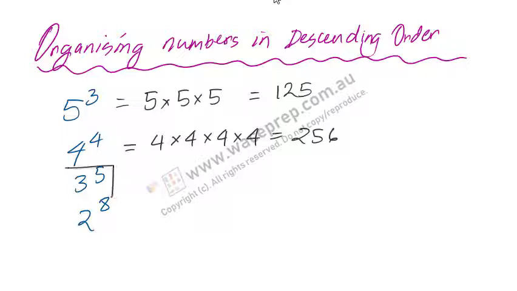Next we are going to look at 3 to the power of 5. What that means is the base 3 will be repeated 5 times. Alright, let's do that. 3 once, times 3, times 3, times 3.